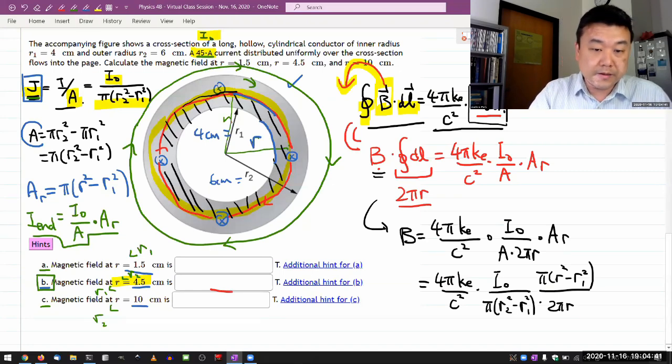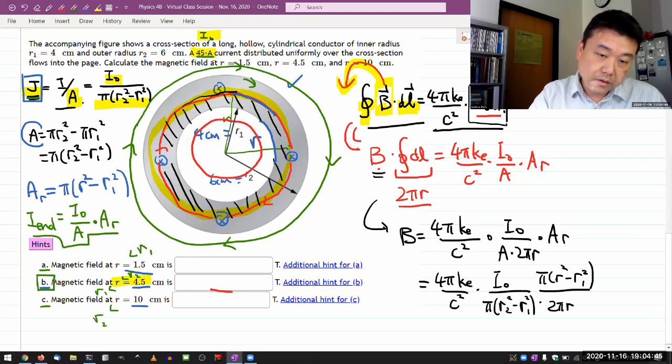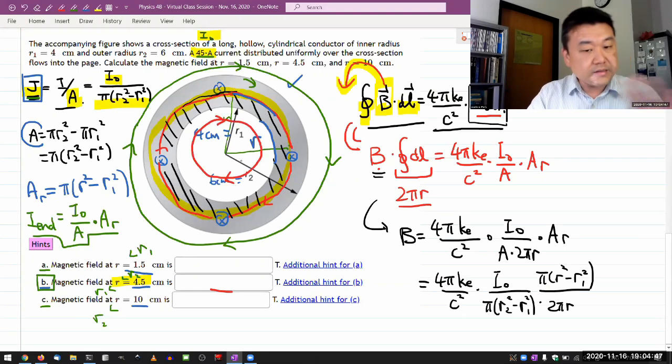If your loop is inside the inner radius of the conductor, then you are enclosing zero current. So you would get zero as your magnetic field after you've made this symmetry argument. You do have to make the symmetry argument.